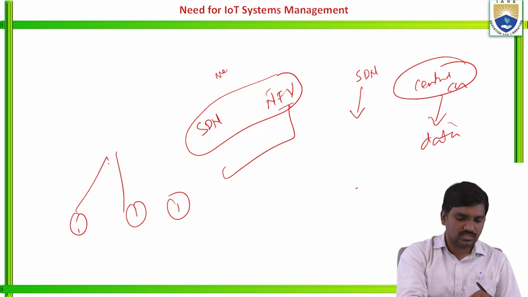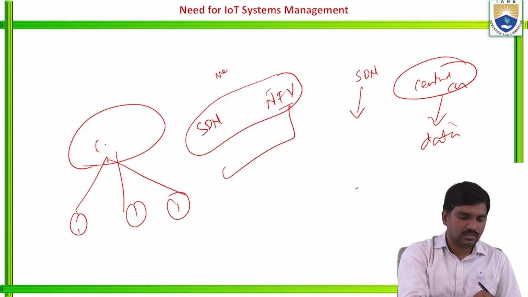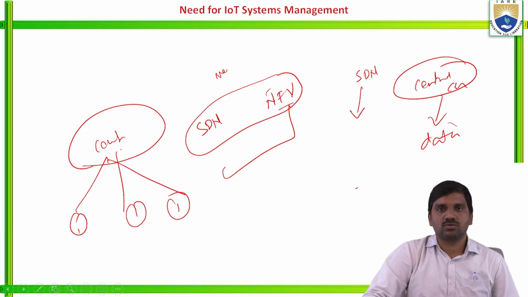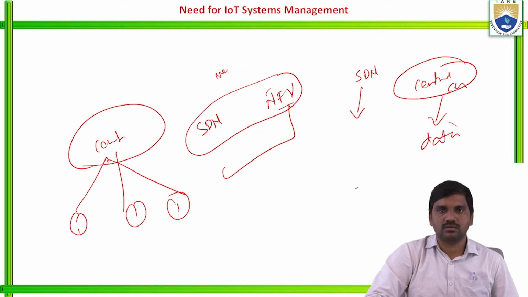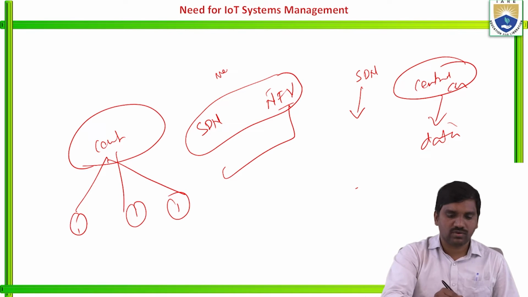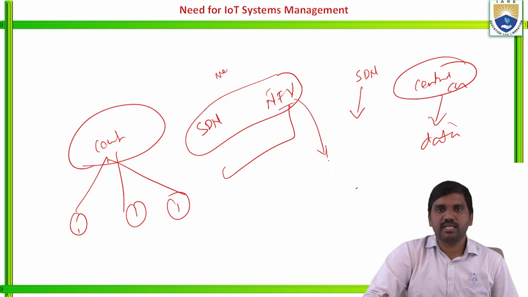For these three, we have to maintain a centralized control system in software defined networking, compared with traditional networking. In network function virtualization, the main aim is to boost or enhance the operations of virtual systems. These are the differences between software defined networking and network function virtualization.